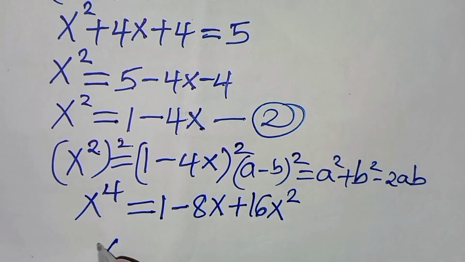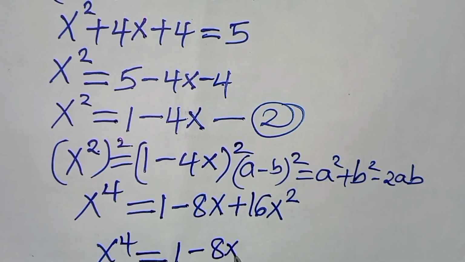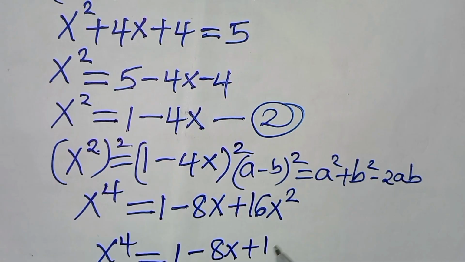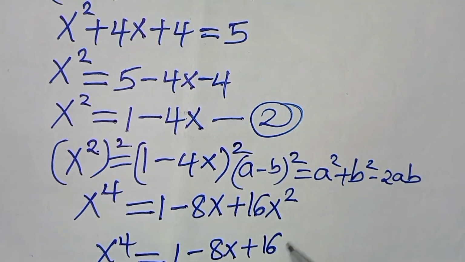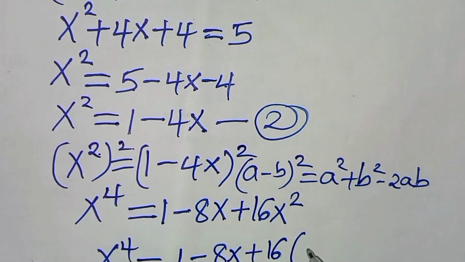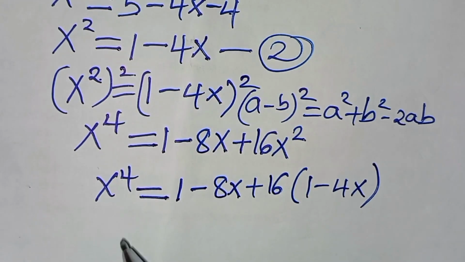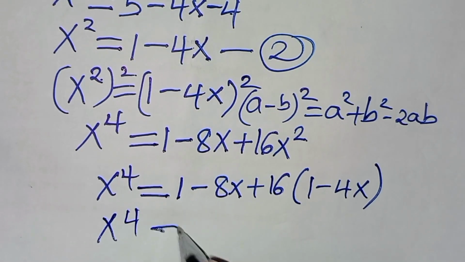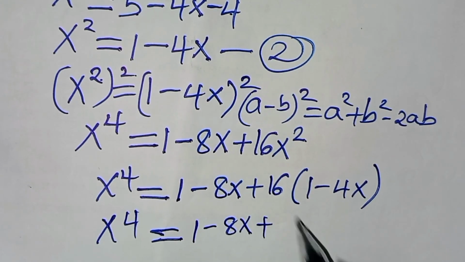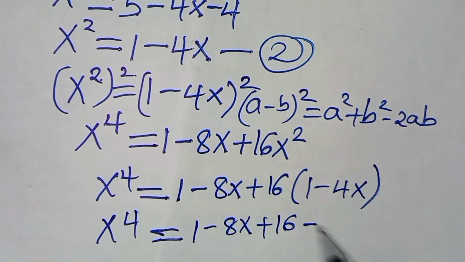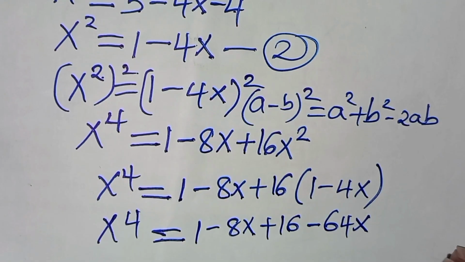Now here we have x to power 4 equal to 1 subtract 8x plus 16x squared. Now x squared is what we have in equation 2, so let's substitute x squared with 1 minus 4x. So x to power 4 is equal to 1 subtract 8x plus 16 times 1, this is 16, subtract 16 times negative 4x, this is negative 64x.